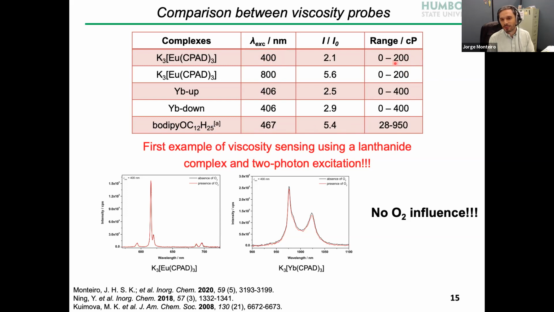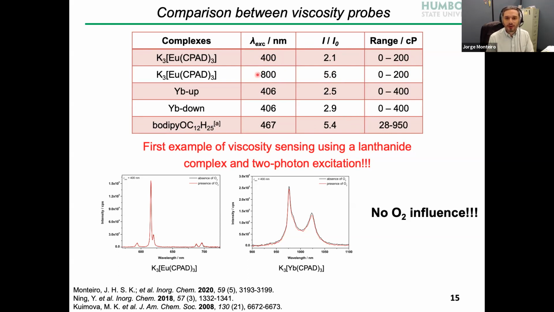The range is between 0 and 200, and we got all the way up to a ratio of 5.5 fold for the two-photon. And that was actually the first example of viscosity sensing using a lanthanide complex and two-photon excitation.